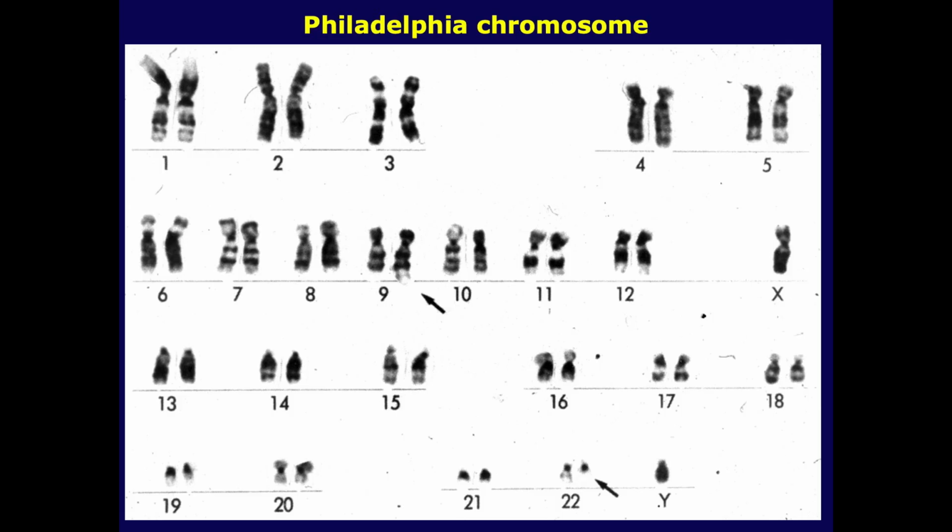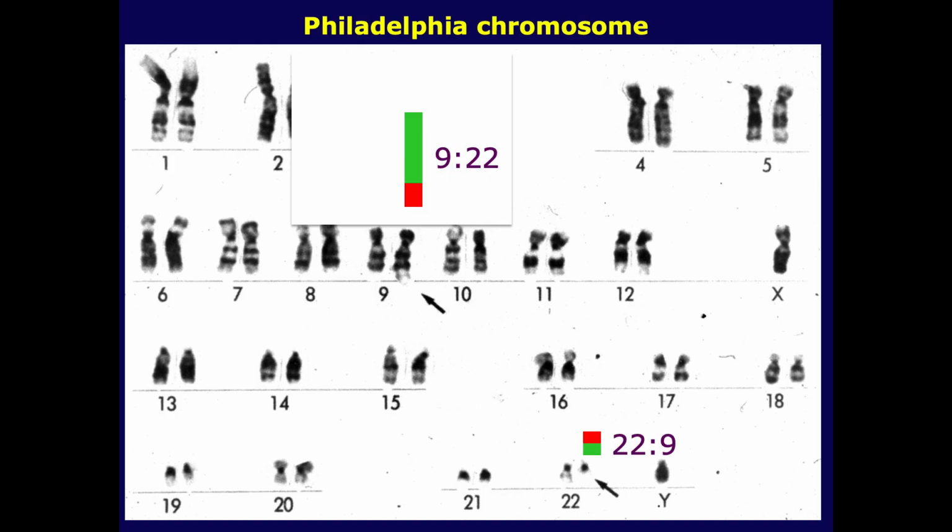This actually turns out to be an exchange of material between chromosome 9 and chromosome 22, resulting in two genes getting joined together to form the famous BCR-ABL chromosome translocation we'll come back to in a minute.